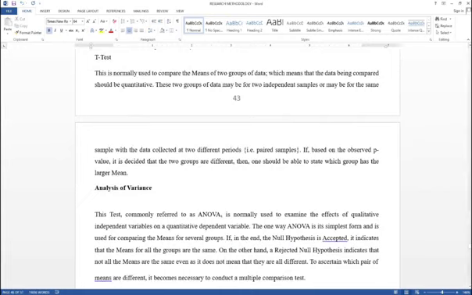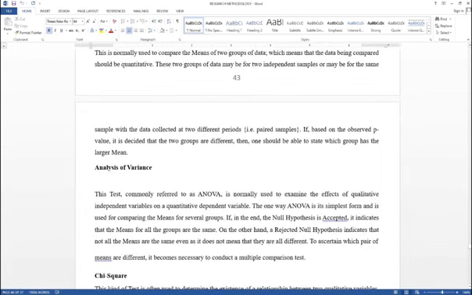ANOVA is normally used to examine the effect of qualitative independent variables, in this case, the type of milk, on a quantitative dependent variable, in this case, the weight of the children. The one-way ANOVA is the simplest form and is used for comparing the means of several groups.